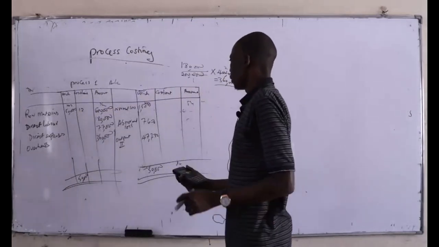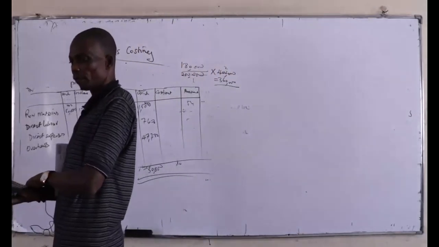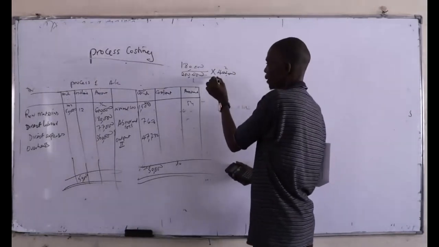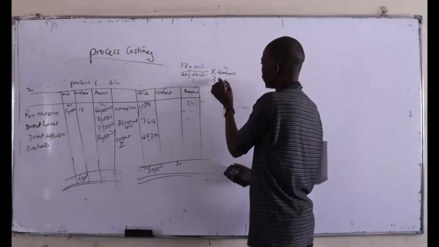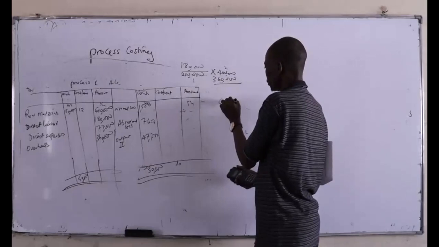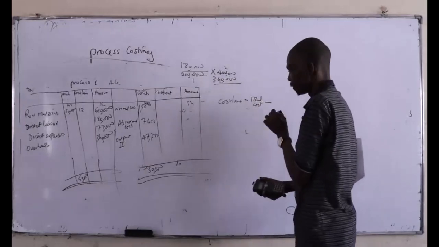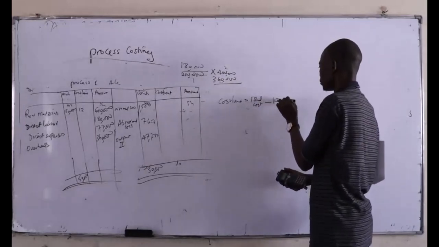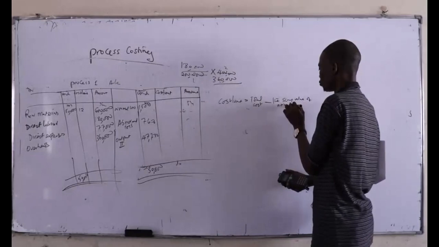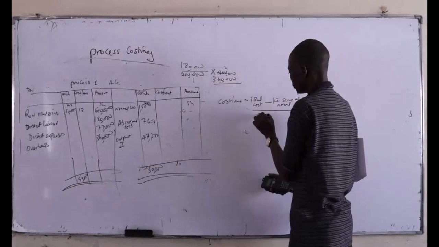Now we have to determine what we call the cost per unit for this particular output. So there is a third formula that I basically want you to master for getting the cost per unit. So the cost per unit for each process is simply the total cost minus the scrap value of normal loss, if you are able to sell normal loss, if it is zero, there's no problem, over the expected production.